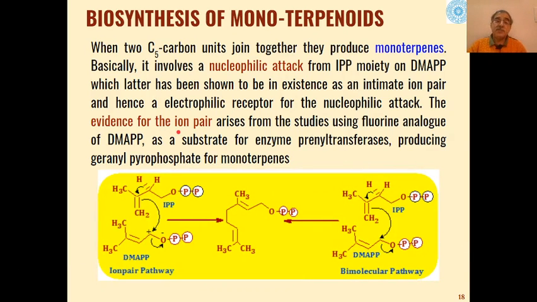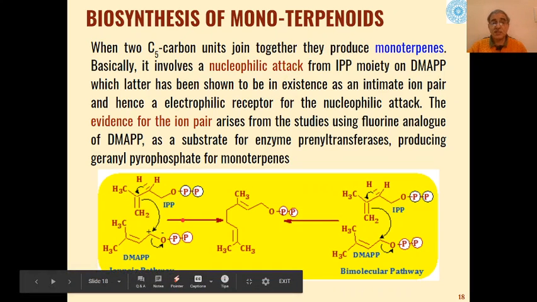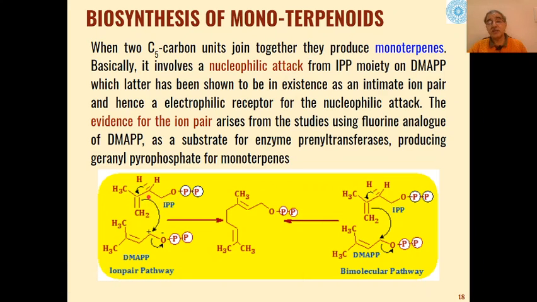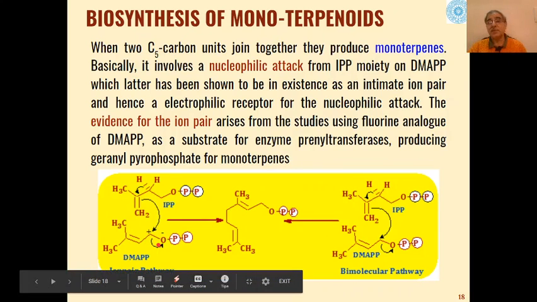Then the mechanism for the biosynthesis of monoterpenes. The monoterpenes basically require a nucleophilic attack of the carbon-carbon double bond at this place, with the elimination of this H positive from here, and this IPP will act as a nucleophile to this DMAPP, and we will get this type of product with the elimination of this diphosphate.